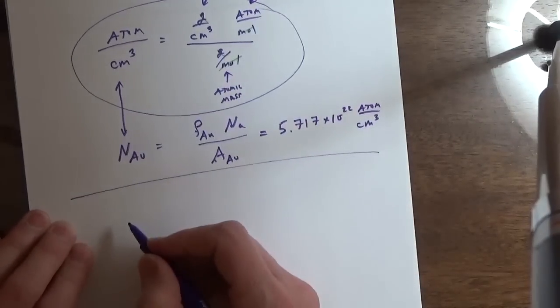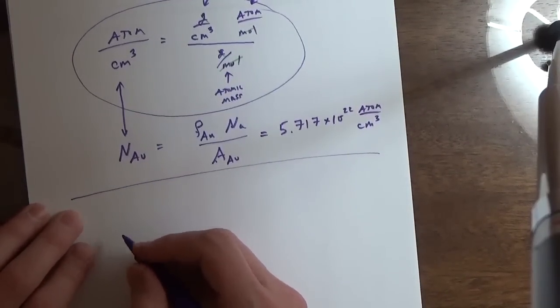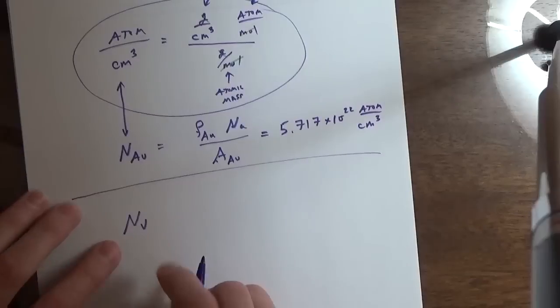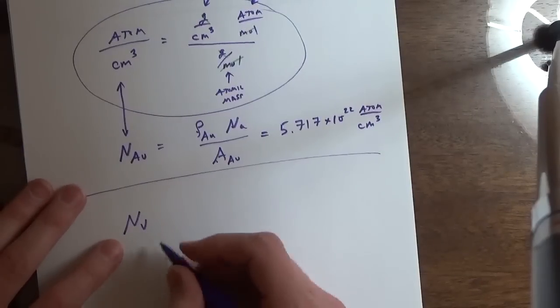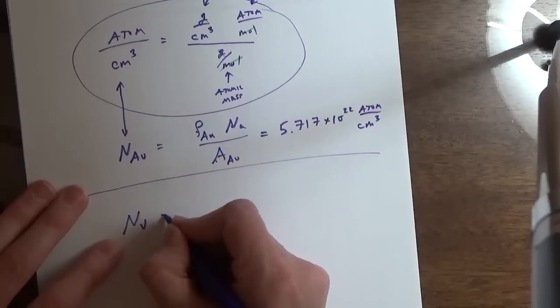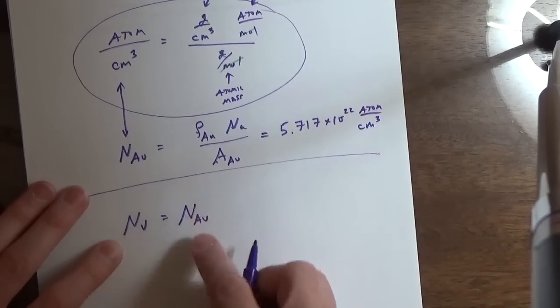we got that. Now, the place we're going to use this is we're going to go back and remember from chapter 4 when we talked about defects, that the number of vacancies or defects in general scales as, well, it's an Arrhenius relationship, and in this case it's going to scale as the number of atoms per volume.